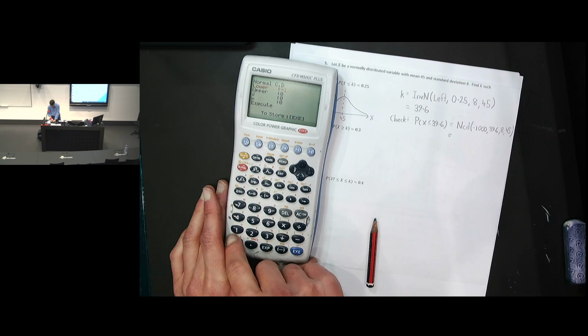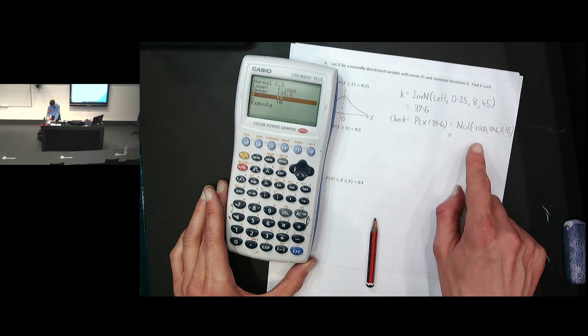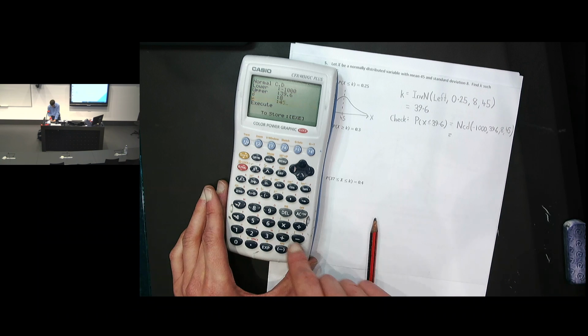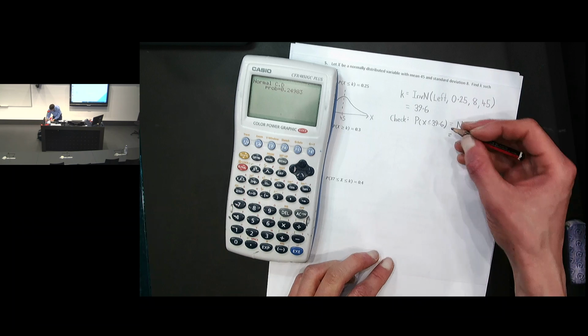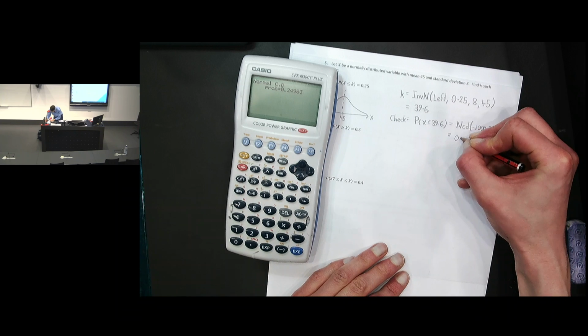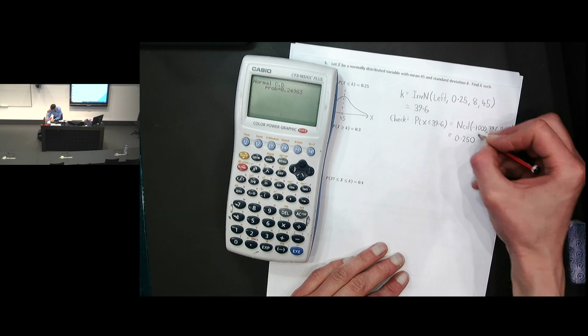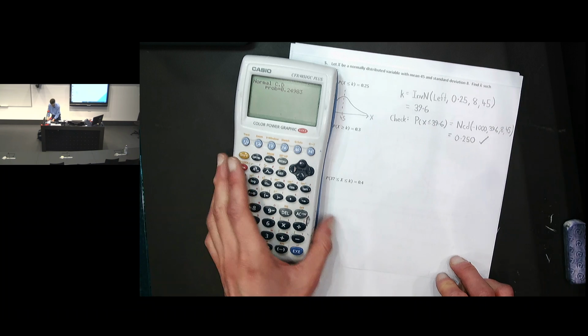Lower is minus 1,000. Next one is 39.6, 8, and 45. So we end up with 0.24. Well, it's as close to 0.25 as makes no odds. So I would say that our calculation of K was correct.